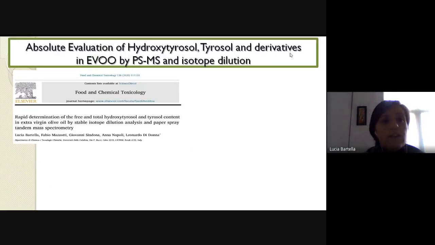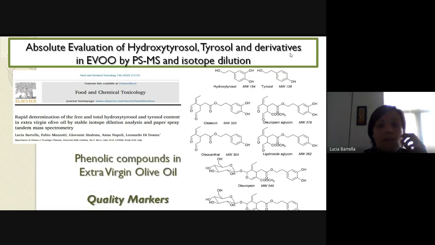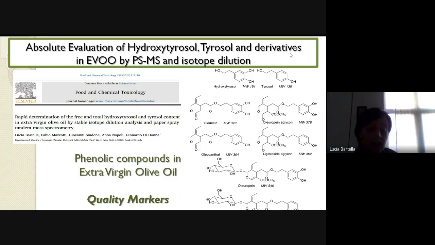The first work deals with the absolute determination of hydroxytyrosol, tyrosol, and their derivatives by paper spray tandem mass spectrometry and the isotope dilution method. The family of phenolic compounds present in extra virgin olive oil is composed of the two simple alcohols, hydroxytyrosol and tyrosol, and their ester derivatives.